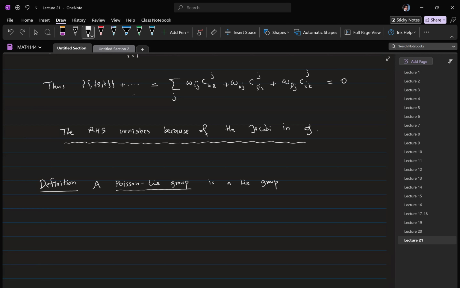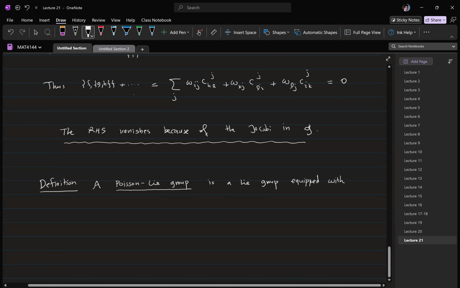Therefore, we can look at open domains on this Lie group as a manifold, and everything about this Poisson structure locally we could just pass to some open domain in some Rn. So the Poisson-Lie group is a Lie group that's equipped with the Poisson bracket.